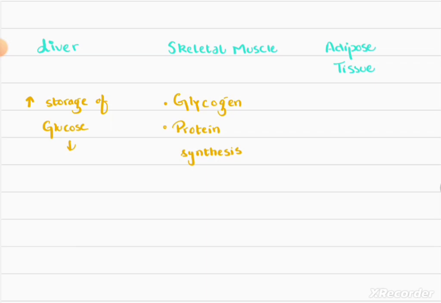In the adipose tissue, it facilitates triglyceride storage by activating the plasma lipoprotein enzyme, which is called lipase. This enzyme facilitates the triglyceride storage. The triglycerides are stored in the adipose tissue with the help of insulin, and it also increases the glucose transport into the cells.